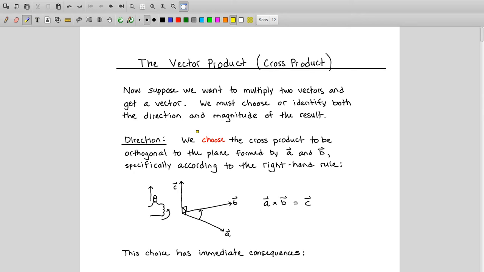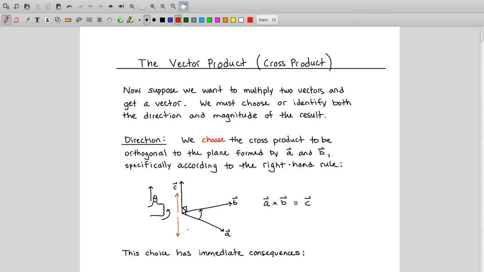And there are two possible ways that a vector could be perpendicular to both of the component vectors. It could point this way, or it could point this way. And so to resolve this ambiguity, we use, again, the right-hand rule.